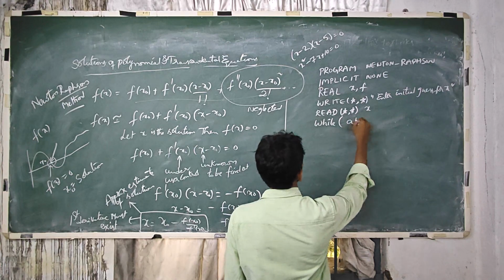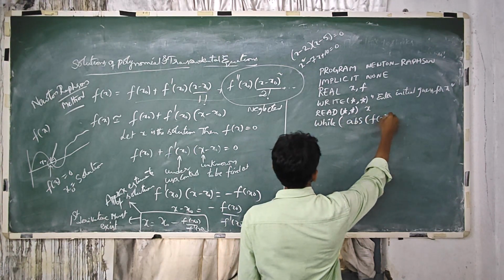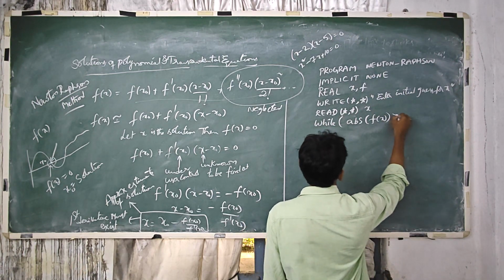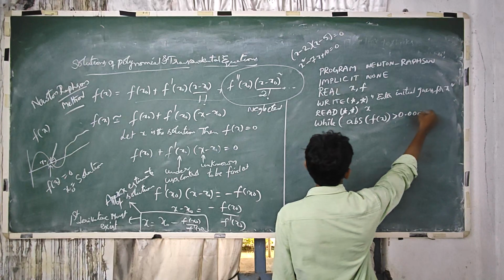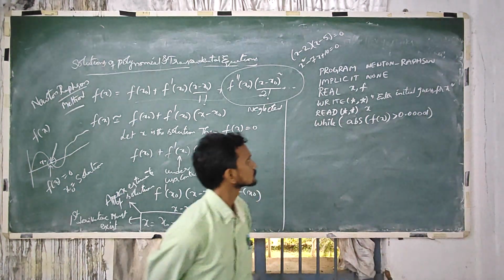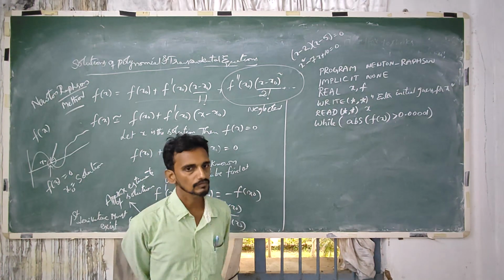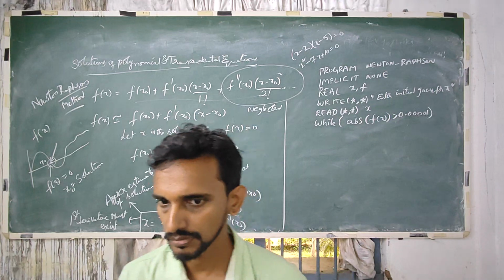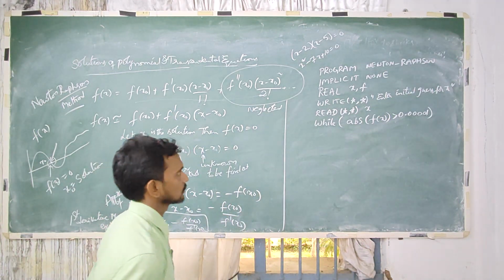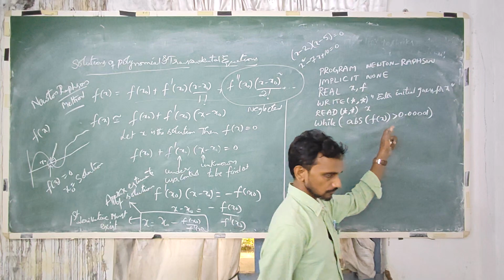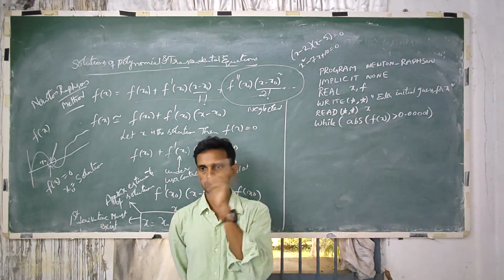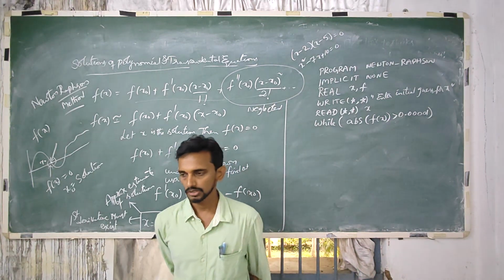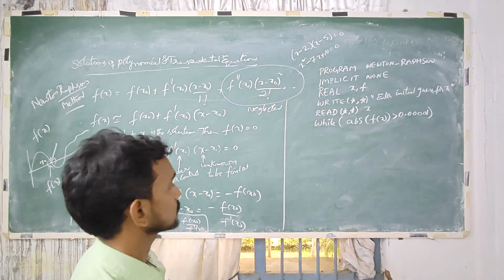So while absolute f of x, we have to consider the absolute value of f of x, because the solution may be on the left side or right side. It may be positive or negative, whatever result we are obtaining.